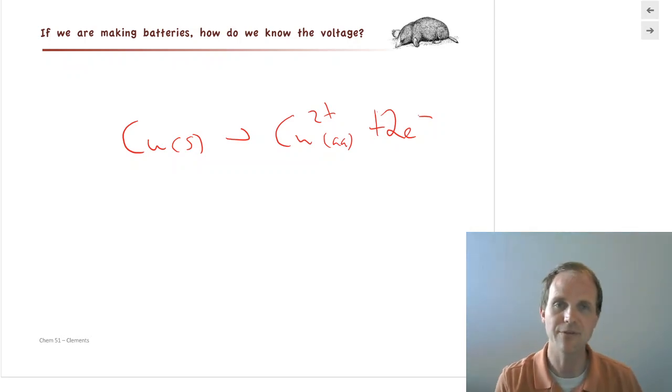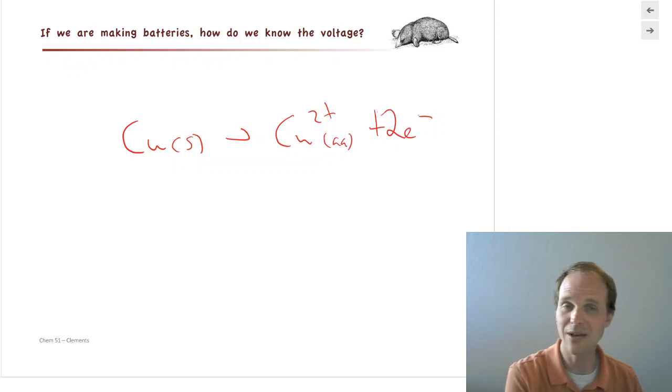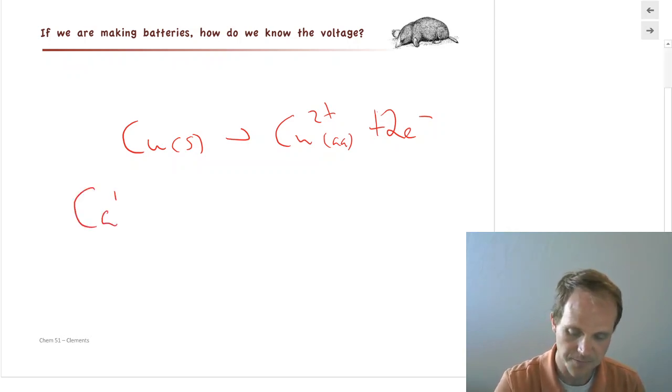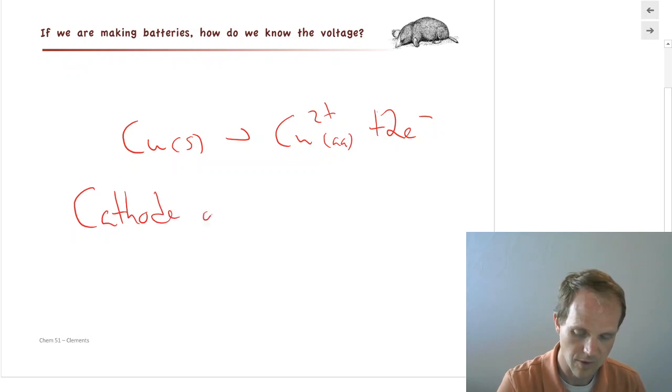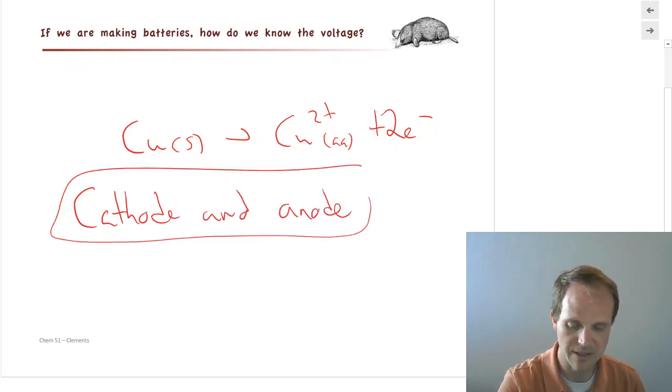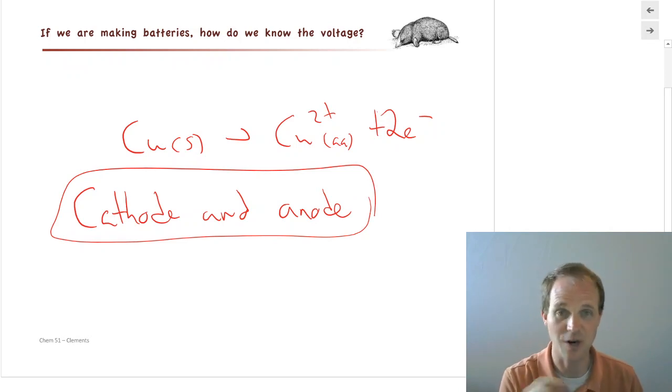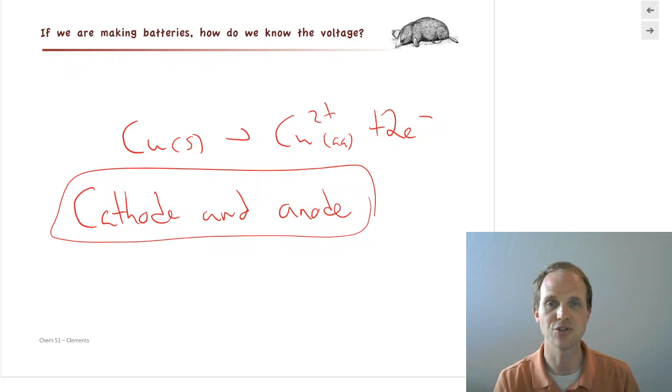That's probably going to have a little more energy to it. And so we have to know not only the cathode, not only the anode, we have to know both the cathode and the anode before we can know anything about the energy that's present. Because an oxidation-reduction reaction requires oxidation and reduction. You can't just do one of them.